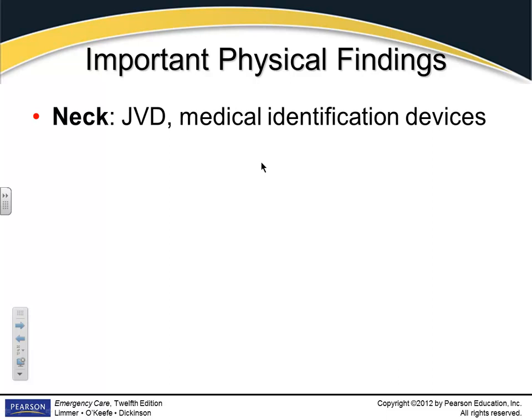Important physical findings. These are important. That's why we call them important physical findings. JVD, what's that? Jugular vein distension. When you see JVD, what is it indicating to you? No blood return to the heart. Yep, blood can't return to the heart. It's backing up. So why is blood not returning? It could be a heart problem, right?